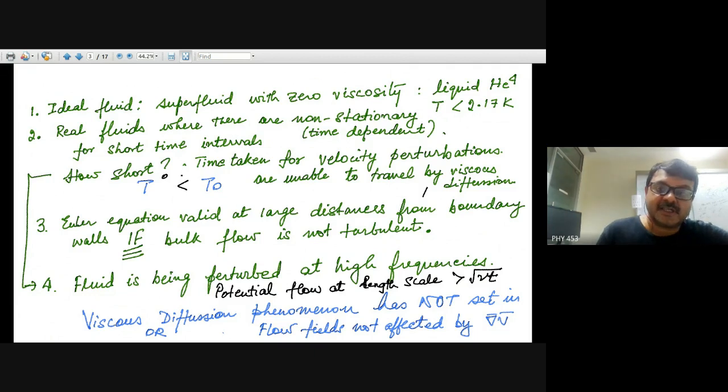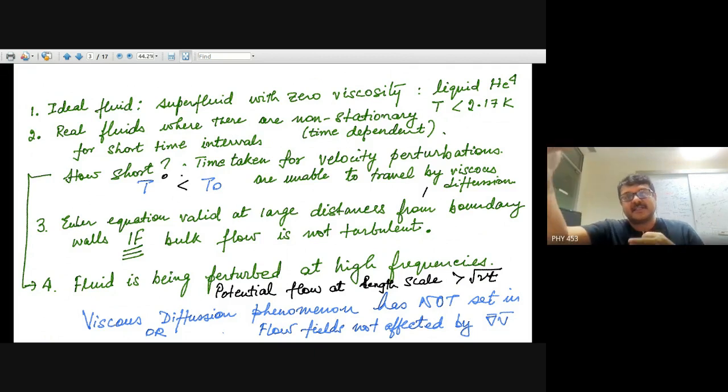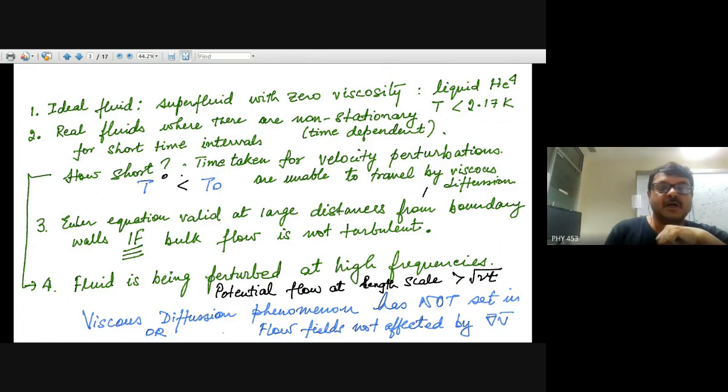Momentum diffusion hasn't taken place at short time scales, where the length scale of the flow is such that momentum hasn't moved diffusively from one end to the other. There you can use the Euler equation of motion. How and why, you're going to see much later. But since you're studying the Euler equation, you need to know where it can be applied and why you are studying it.